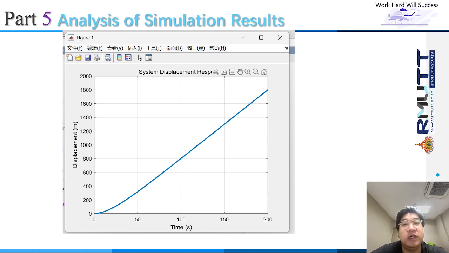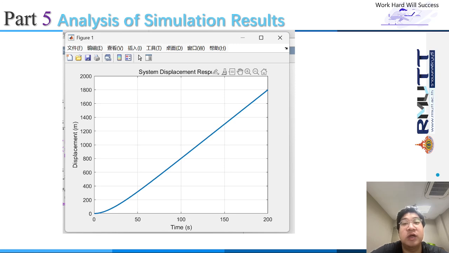It finally stabilizes at 10 meters per second, which is consistent with the steady state velocity from our theoretical solution, verifying the correctness of the simulation result.